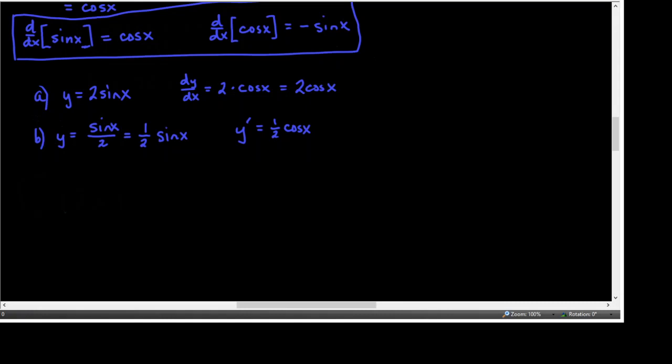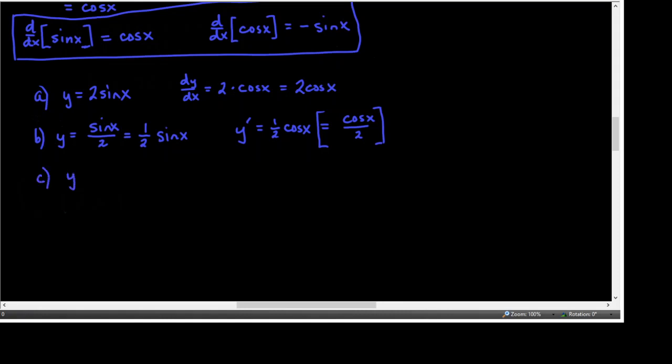And I suppose if you wanted it to look like the original, you could do this. I'm not going to say you have to. Let's make that parenthetical. So you realize I really don't care if you leave it as 1/2 times cosine x.